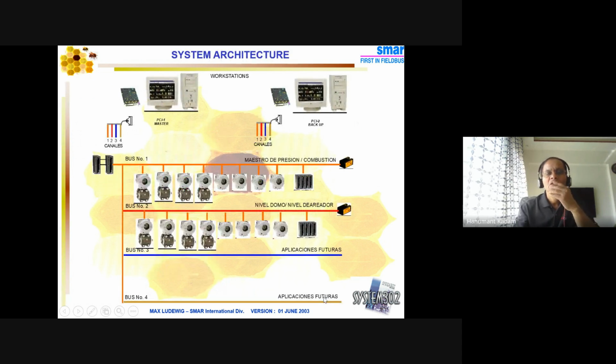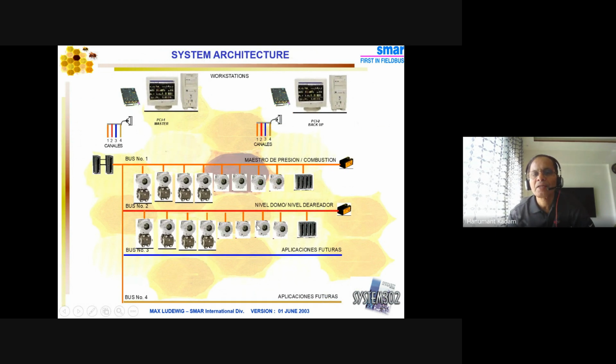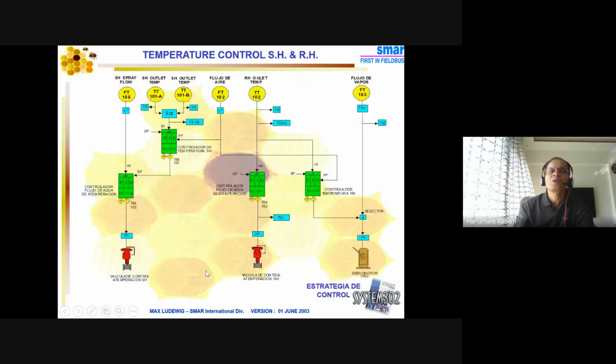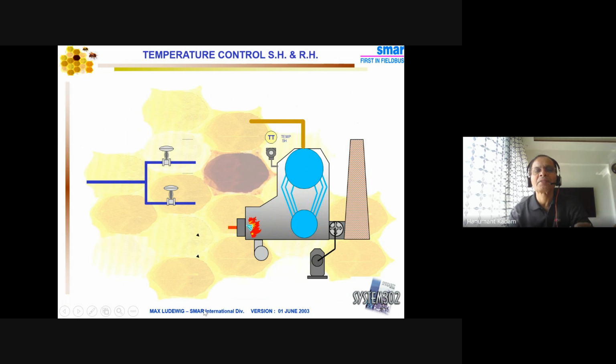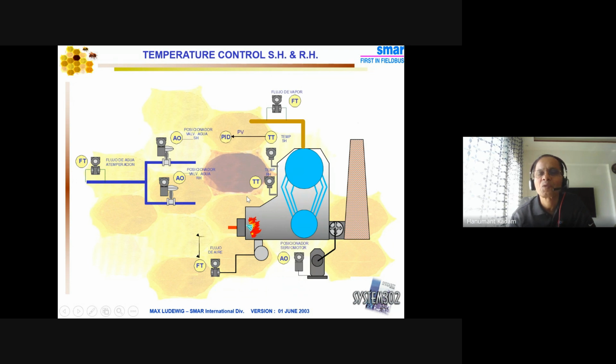So if you see here, combustion control, similarly the second network is for, say for example, drum level control. Then third will be maybe your temperature control. So for temperature control, these are the parameters here. Temperature of the steam here, and you can see here how temperature is controlled. Various points are there.